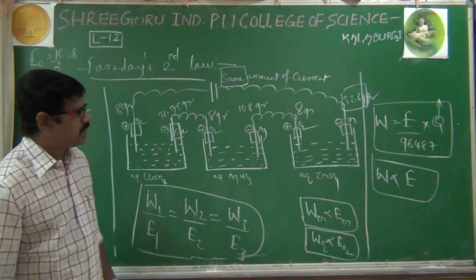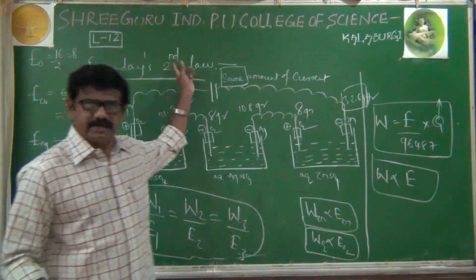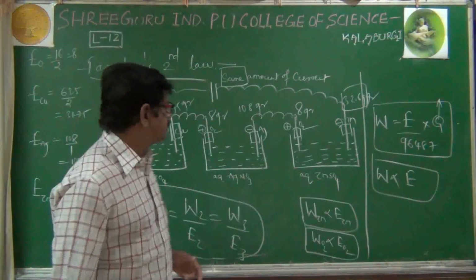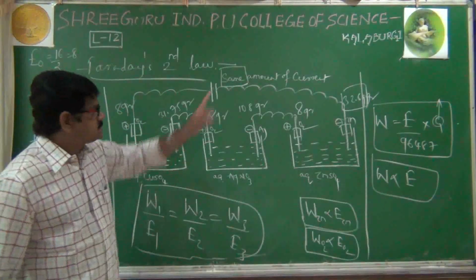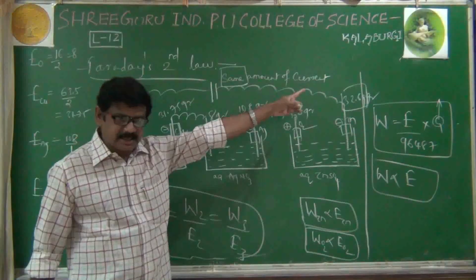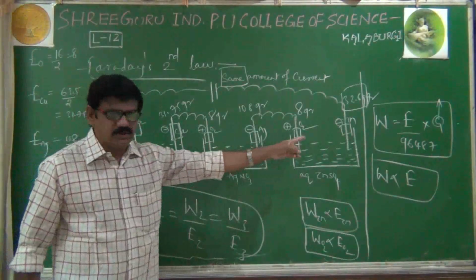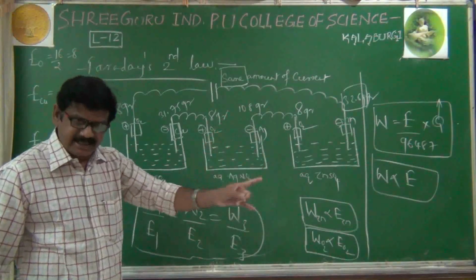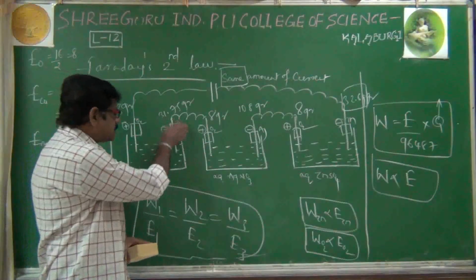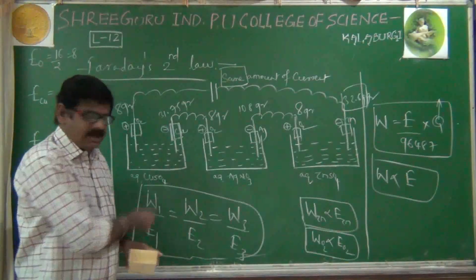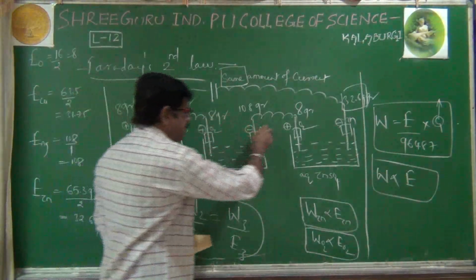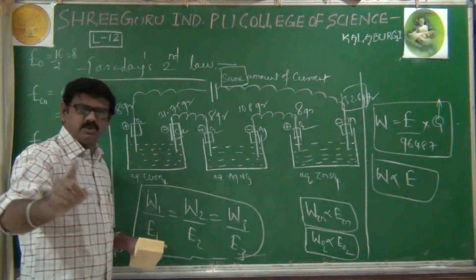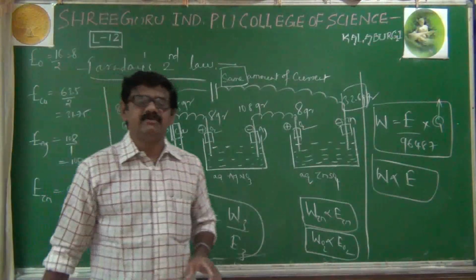Now, based on this, we will define the second law of Faraday. Very simple. When the same amount of current is passing into different electrolytic cells which are connected in series, then the amount of substance deposited is directly proportional to their equivalent masses.